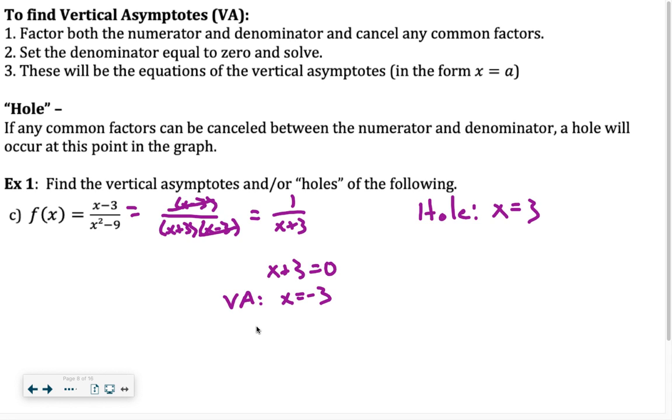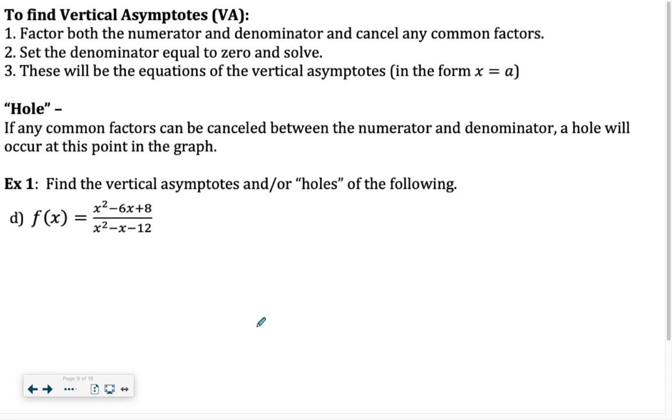Okay, let's do one more example here. So on this one, we want to factor both the numerator and denominator. So x squared minus 6x plus 8, we actually did that in an earlier example already. That would factor into x plus 4 and x plus 2.